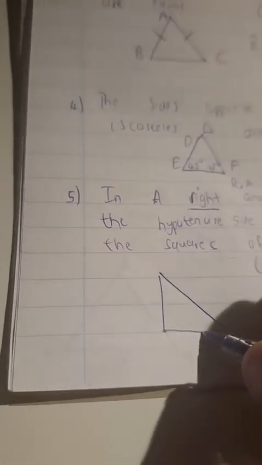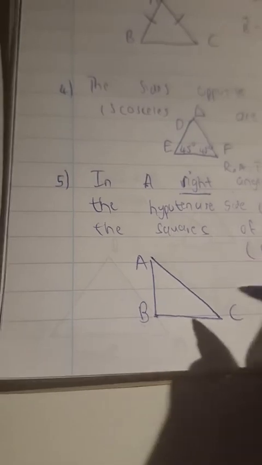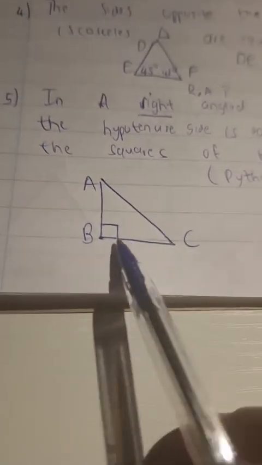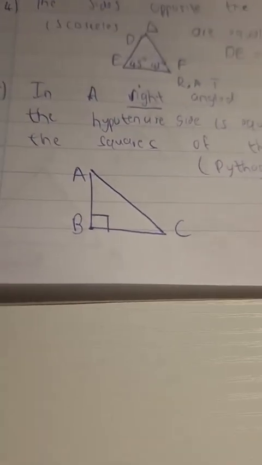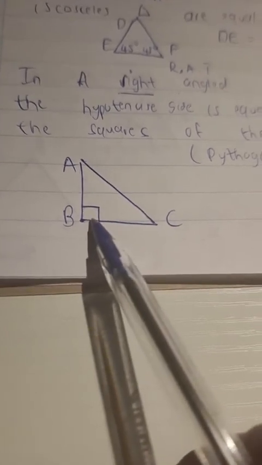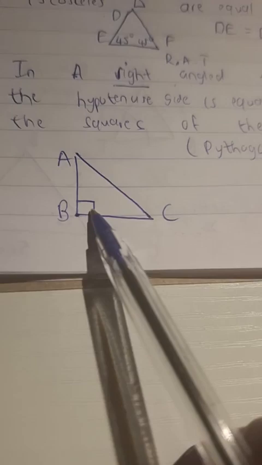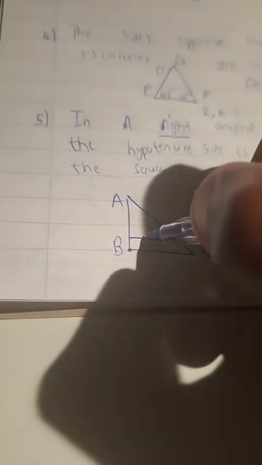Right angle triangle, A, B, C. Right angle means a right-angled triangle. So there's an angle that's 90 degrees. The angle 90 degrees is always opposite what we call the hypotenuse.